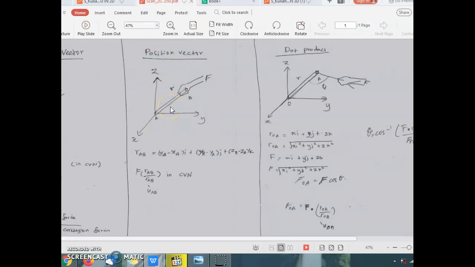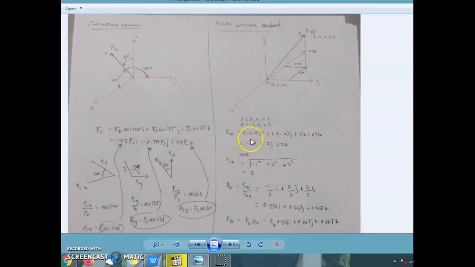So we calculate the radius of the truss or any cable here, and after you get the radius RAB, find the unit vector, which is the vector over the magnitude. Multiply the unit vector with the force, then you will get the Cartesian vector form of the force. So let's look at the detailed calculation here.